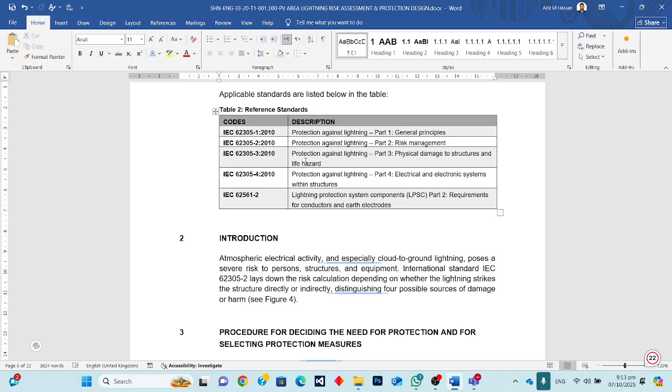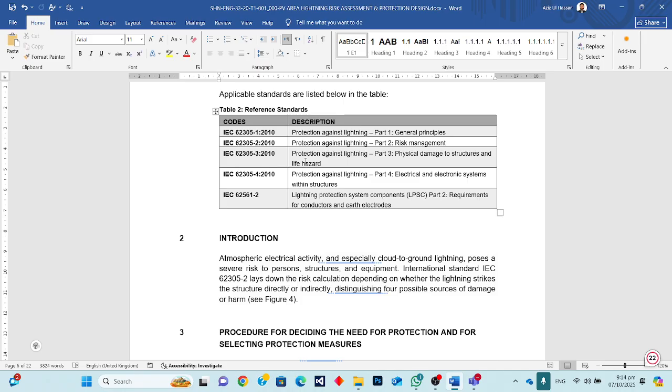Then we have to give another solution, like we have to go to class 3 protection or class 2 protection, or maybe we have to divide that area into different chunks to satisfy class 4, because in the solar power plant the area is on the higher side. The lightning finials, the lightning arresters, the conductors and the other parts are on the higher side, so the cost is very high.